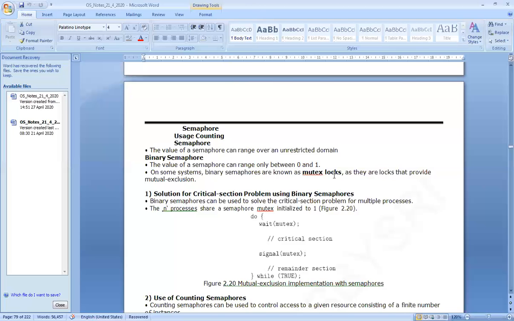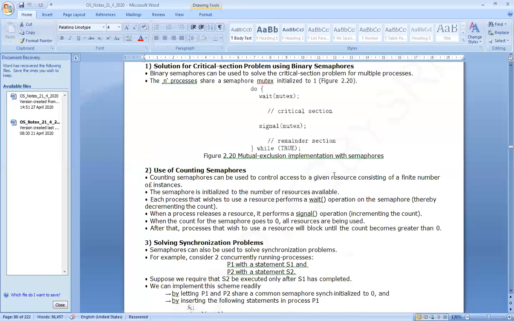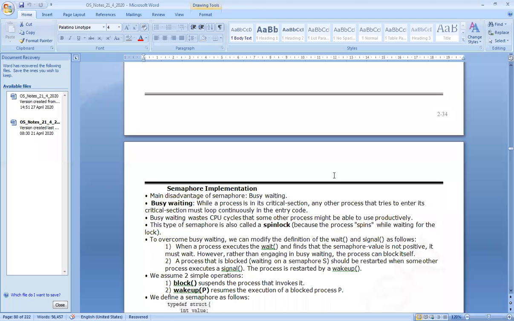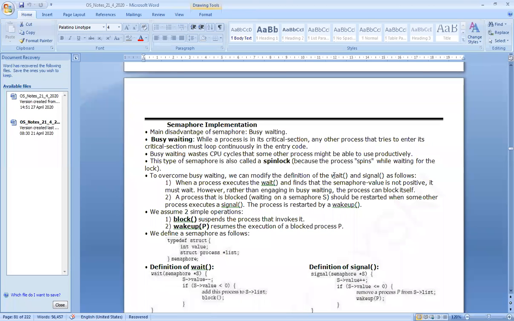And then after that we studied semaphore implementation. So what does a semaphore mean? As I said, a semaphore is nothing but a small variable. Using this variable, we can achieve synchronization and solve the different problems of synchronization.